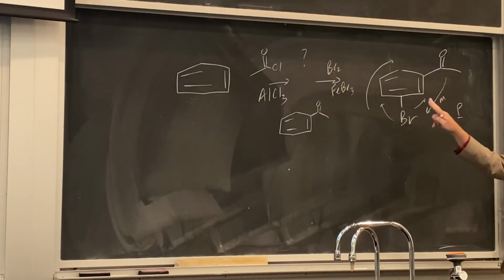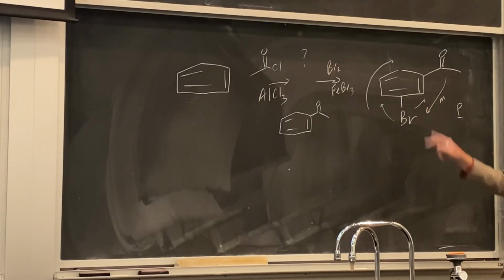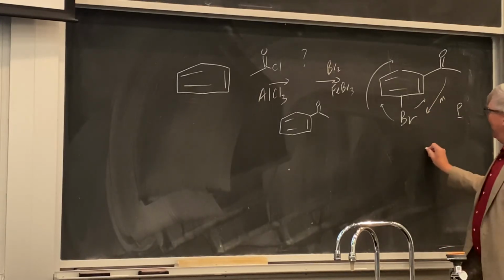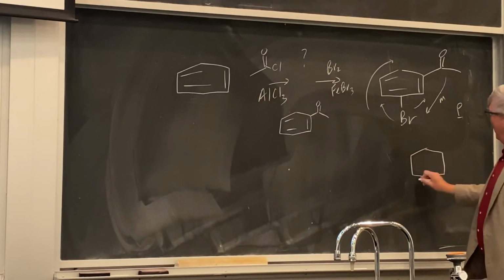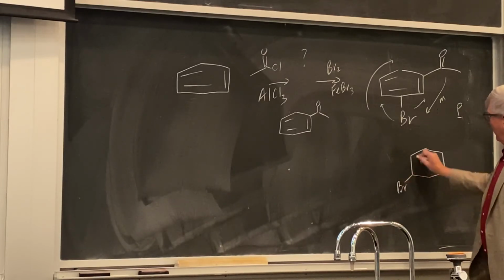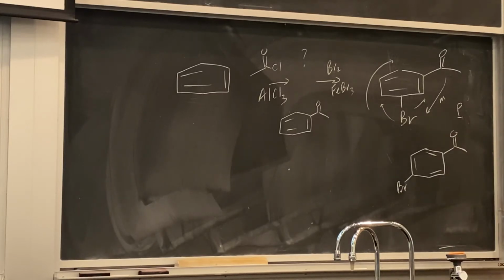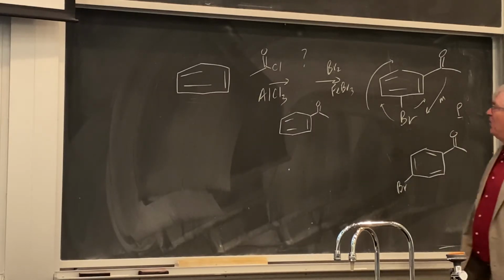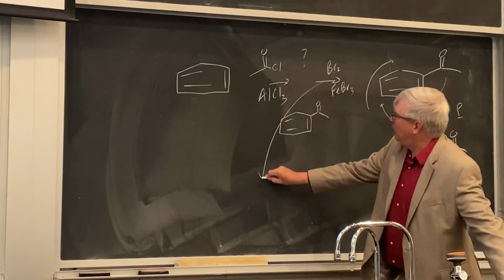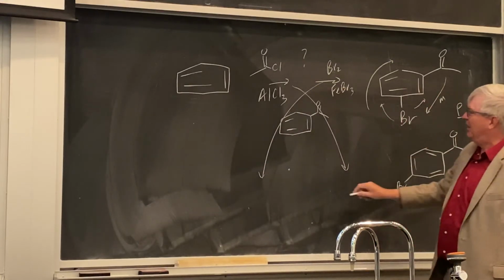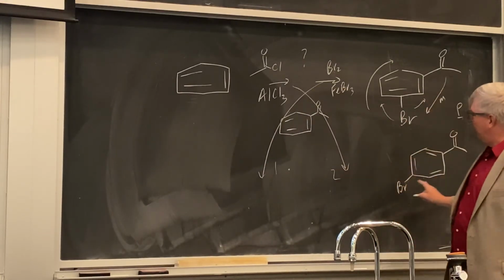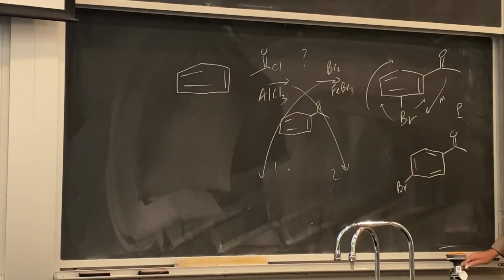What if we flip the order here, right? If we flip the order, we're not going to get the meta product. We would get the para product, or maybe ortho, or maybe a mix there. So if we did bromination first and then acylation, you see, 1, 2, we'd get the wrong regiochemistry, okay?